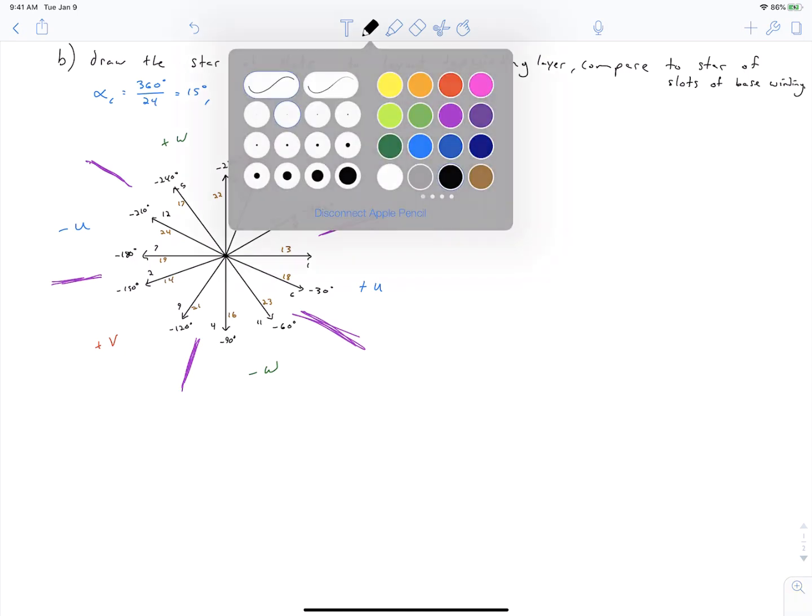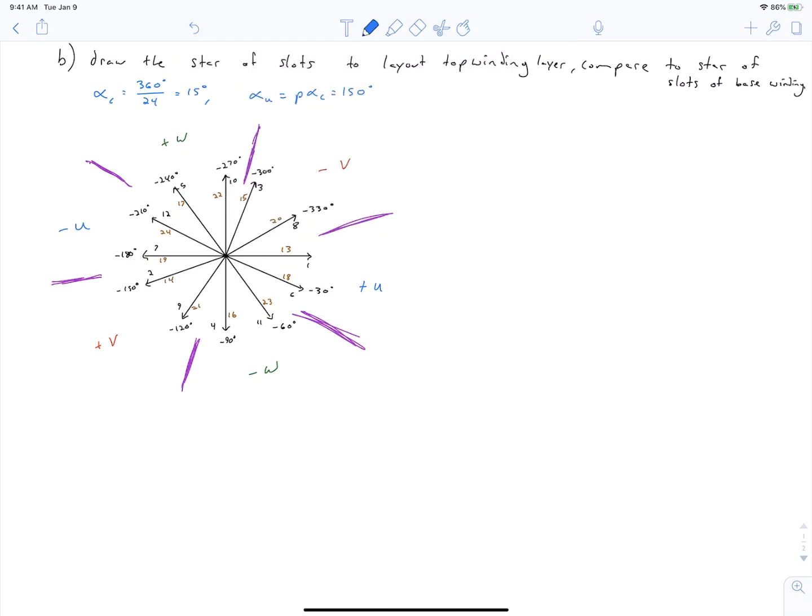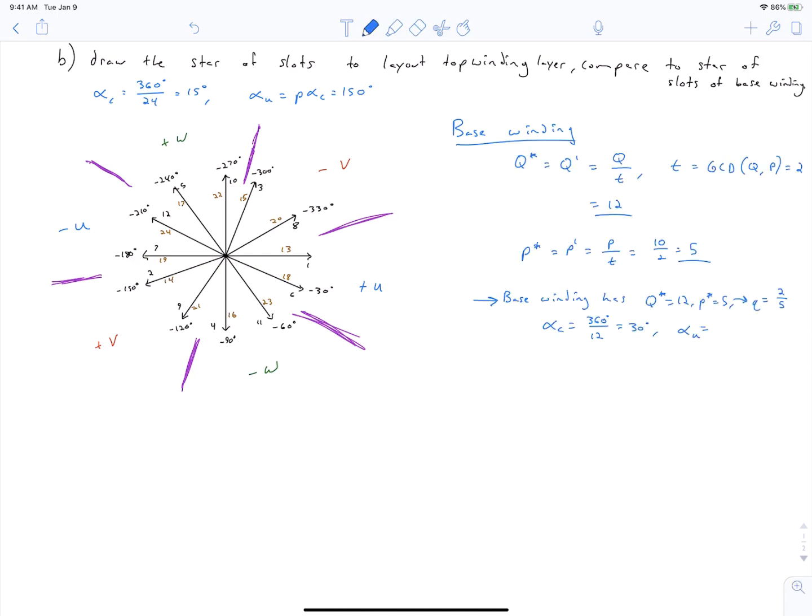To study the base winding, we're studying a winding of an equivalent machine that has Q prime slots and P prime poles. What we see when we analyze a base winding is that we get the same spacing between phasors, and we have the same number of phasors within the layer.